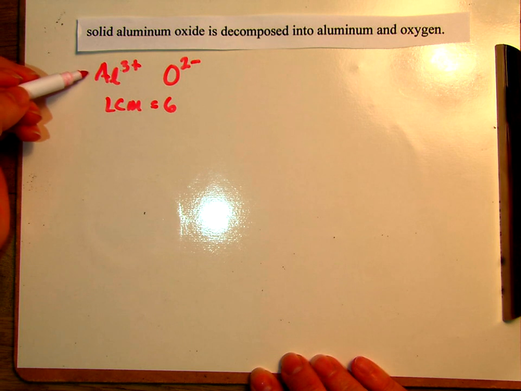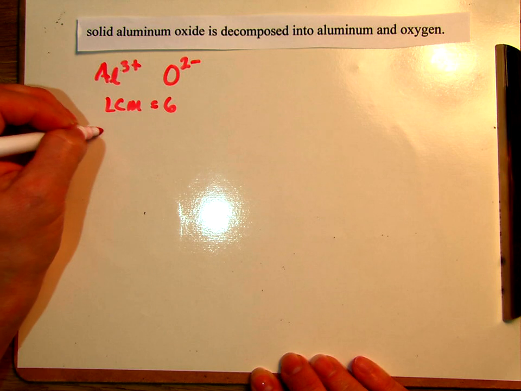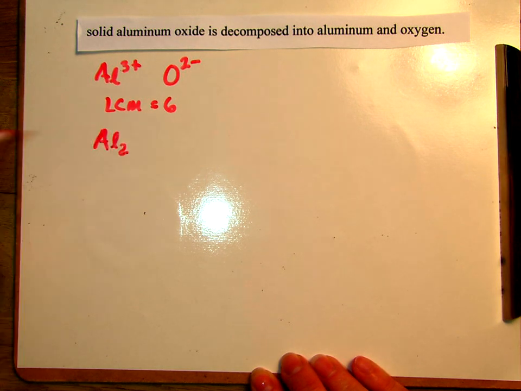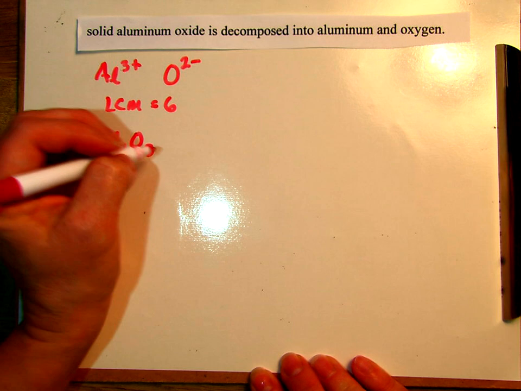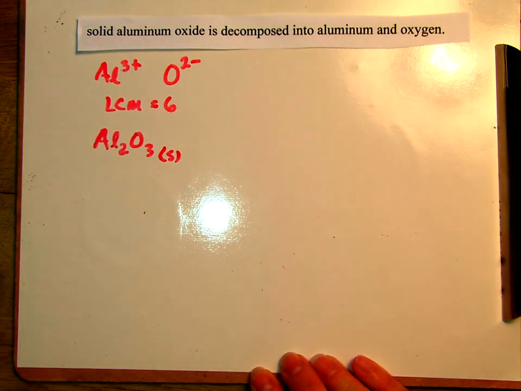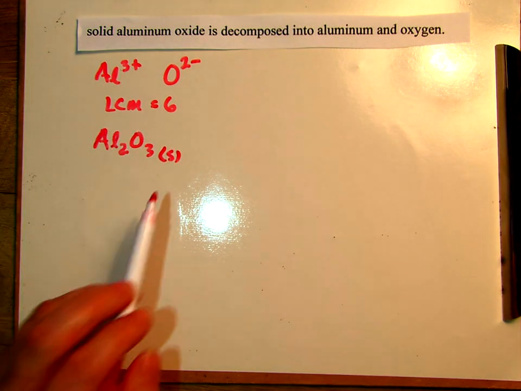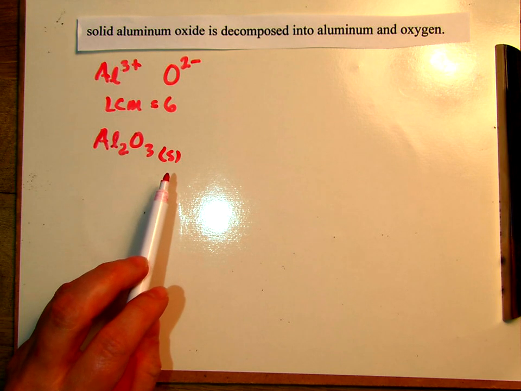Which means we're going to need 2 aluminums to get to +6, so it's going to be Al2, and you're going to need 3 oxygens to get to -6. So the formula for solid aluminum oxide is Al2O3, and we put a little subscript (s) in parentheses to indicate it's a solid.